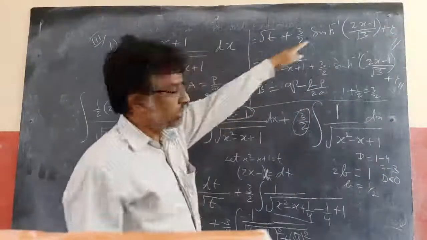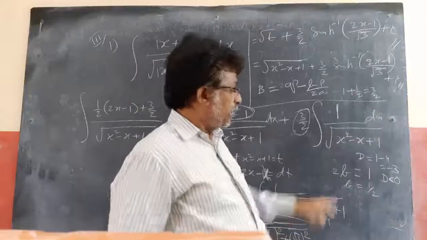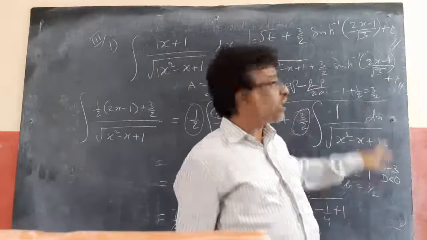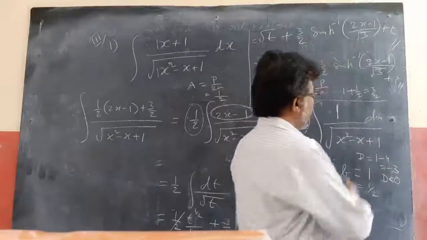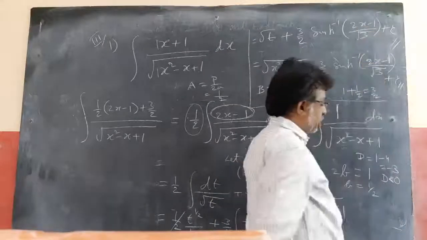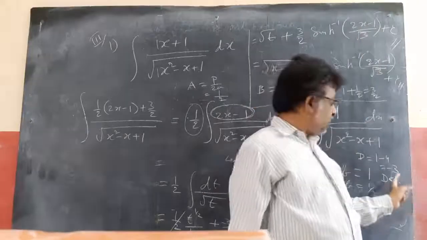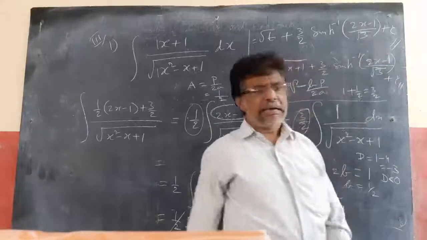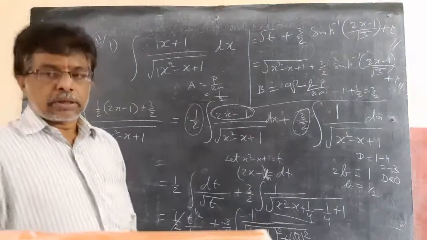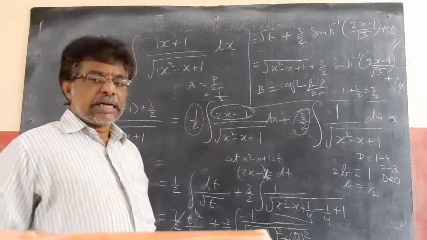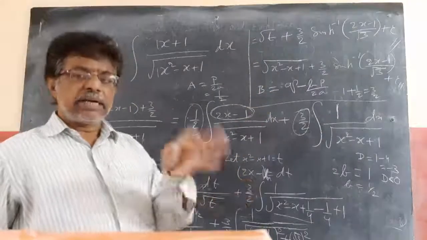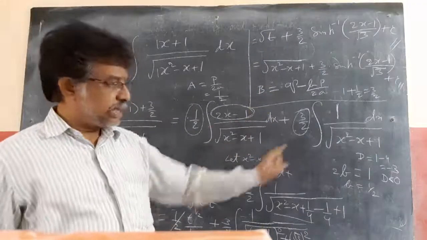This numerator 2x minus 1 by root of the modulus of the discriminant. What is the discriminant here? Root d, d is 3. So root 3, directly for any sum. So those who do not understand completing squares, you can just write the answer, at least you will get 1 mark using this shortcut.